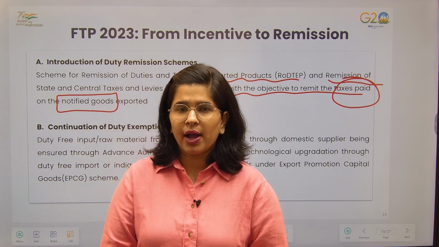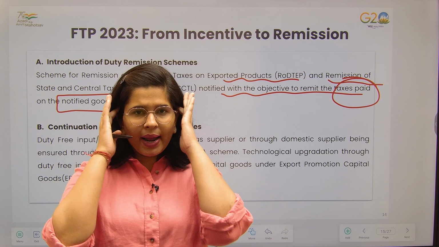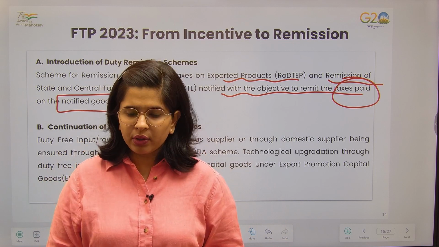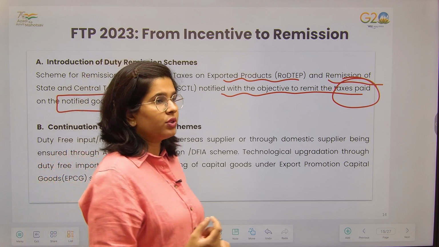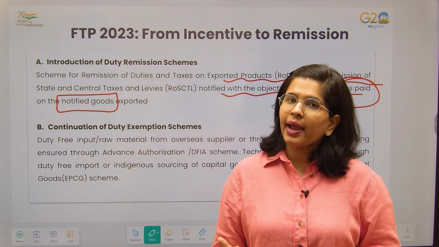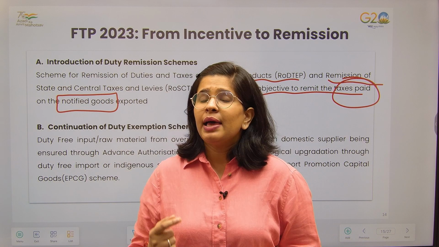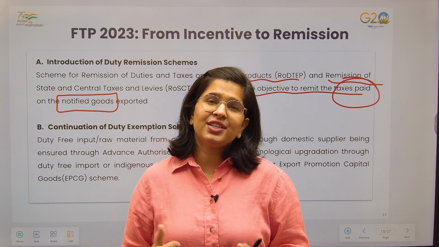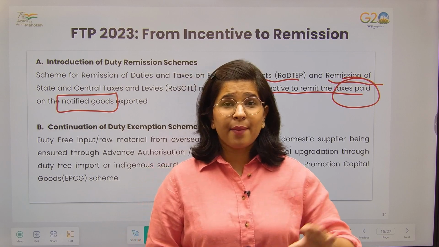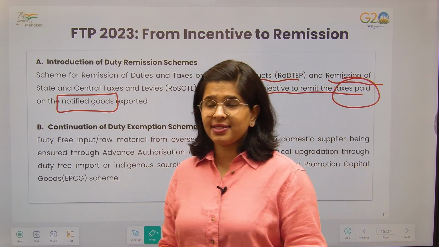Now I'll tell you why. Many of you might know about this particular concept. See, the government always promotes exports. Why does it promote exports? Because it brings us foreign exchange. Foreign exchange is very crucial for us because our imports are non-elastic.